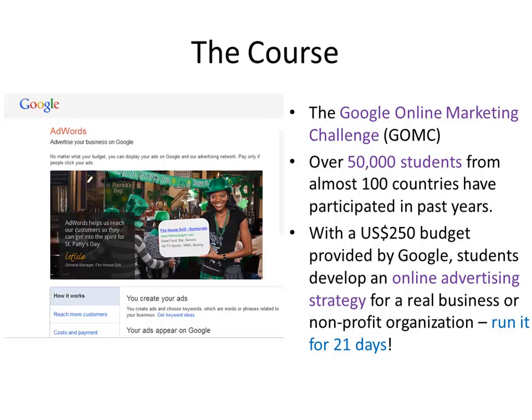They're linked up with a small or medium-sized enterprise, and they design and implement a keyword advertising campaign for that company and run it for 21 days. This is the 4th year I've done it, and it's a wonderful learning opportunity and real-world engagement, to take classroom learning and apply it directly during the course to a real-world problem and see the results. And you're graded against 5,000 other teams to see how you do. So it's an external evaluation.